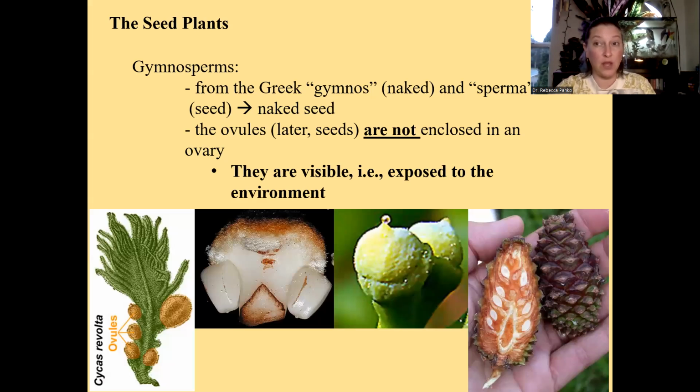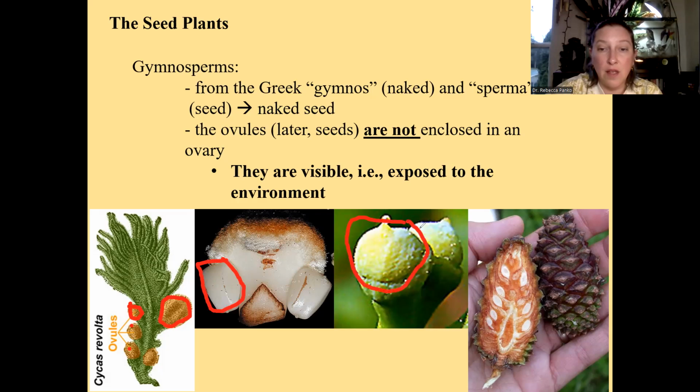Here are some examples that we covered in previous lectures. On the left, two pictures, we have pictures from the cycads, right? Here's an ovule, here's a bunch of ovules, 1, 2, 3, etc. You can see them with your naked eye, right? Here's another ovule example from the cycads.